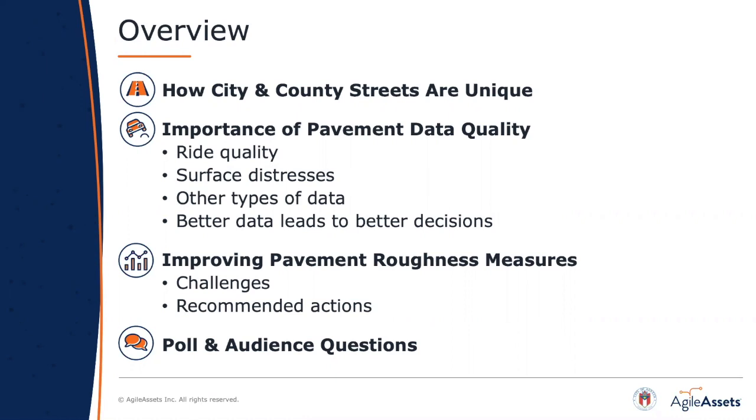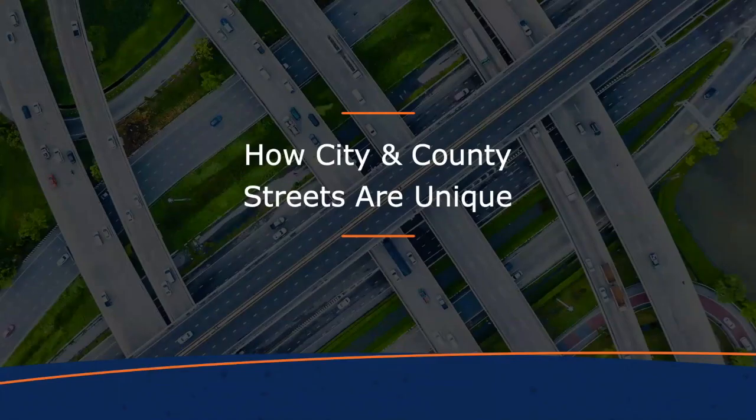We'll also dialogue about the challenges of data collection and hear Ed's recommendations to local agencies for improving pavement roughness measures. And at the end, we'll invite the audience to participate with a real-time poll and audience Q&A. Again, feel free to post your questions anytime in the Q&A panel, and that's Q&A panel rather than the chat panel. So let's dive right in.